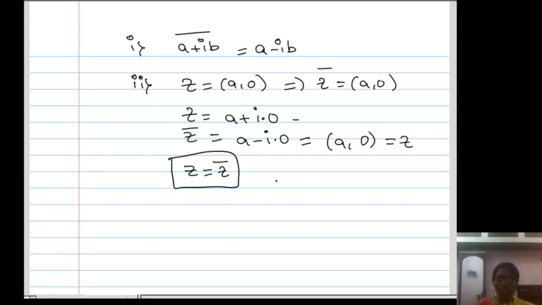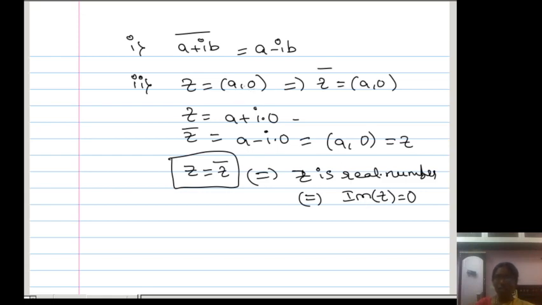When, if Z is a real number. If purely real, it means real number. Z is a purely real number means what? Imaginary part of Z is equal to 0. In the given complex number, if the imaginary part is 0, what happens?